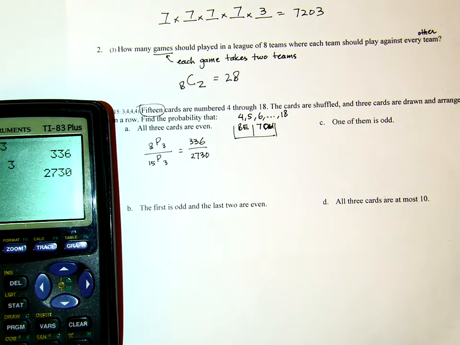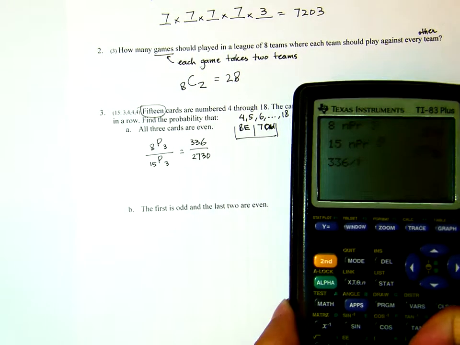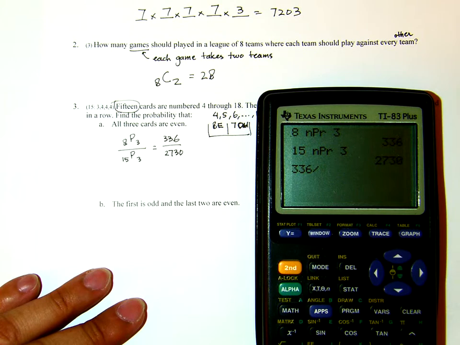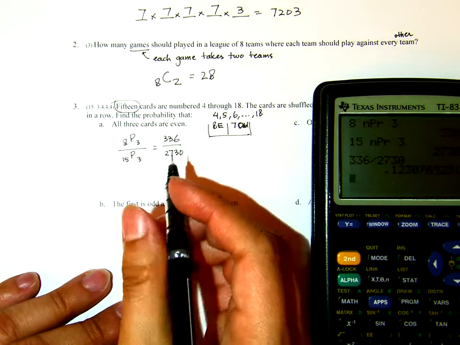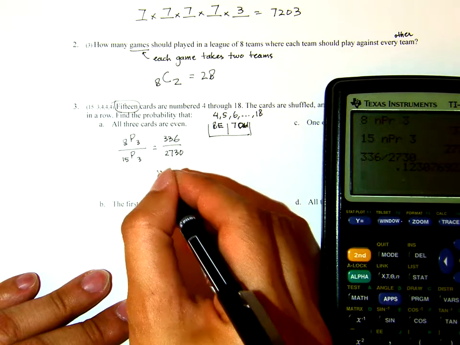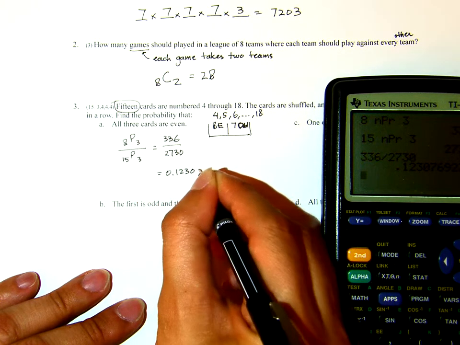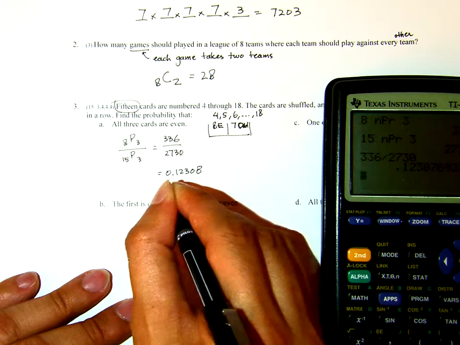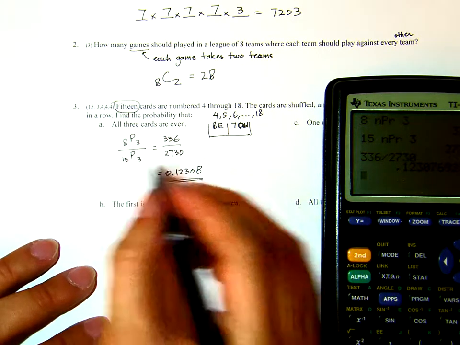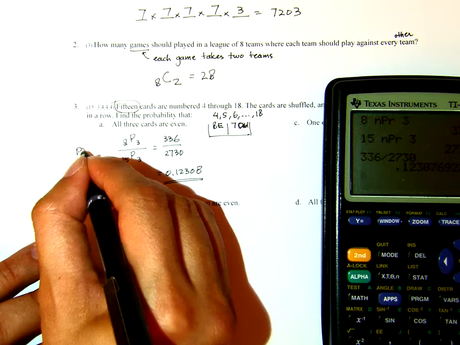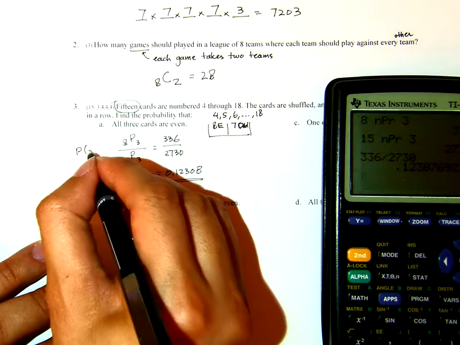If I divide 336 by 2730 and make it into decimals, I get 0.12308. That's the probability that all 3 are even.